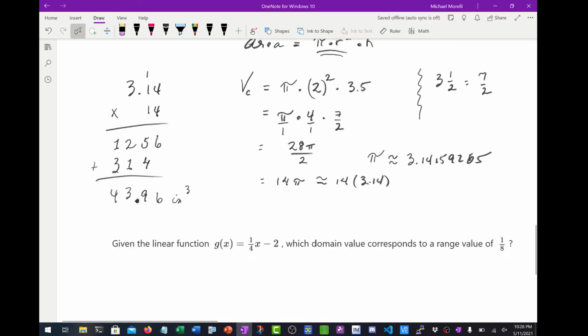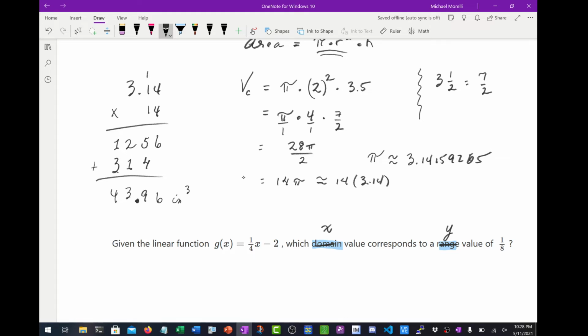Okay, let's get a couple things down here. When you see domain, just think x. Don't worry about domain. Which x value corresponds, and then when you see range, don't worry about range. Just think about y.